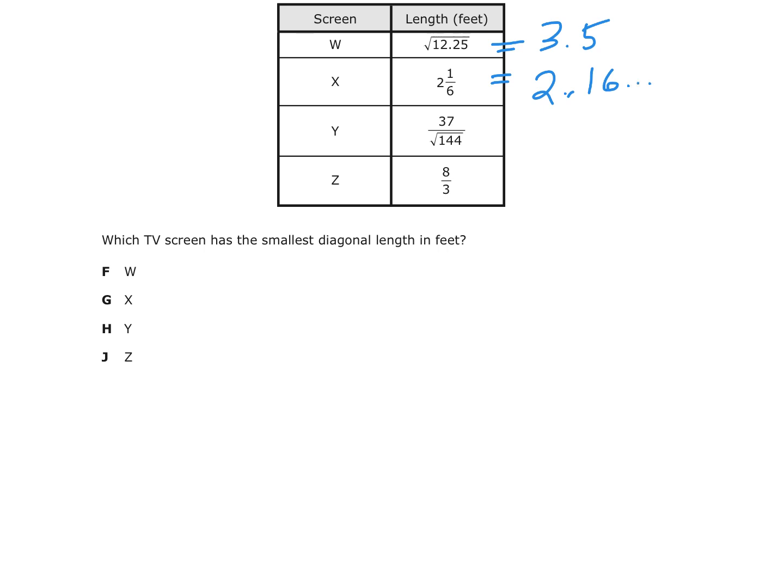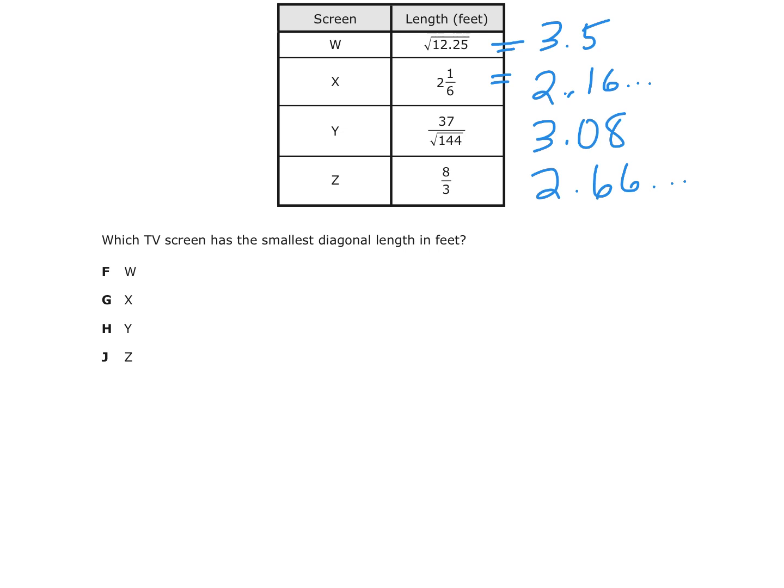And 37 divided by the square root of 144, that's going to be 37 divided by 12, which is about 3.08. And 8 divided by 3 is going to be 2.6 repeating.